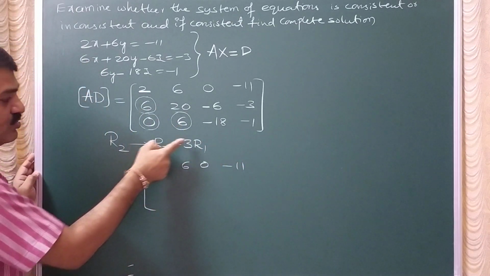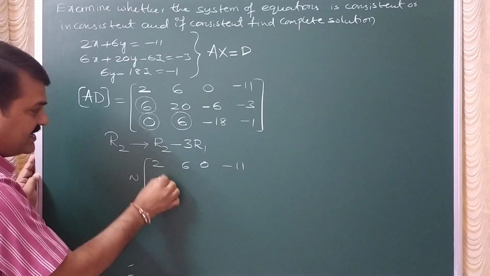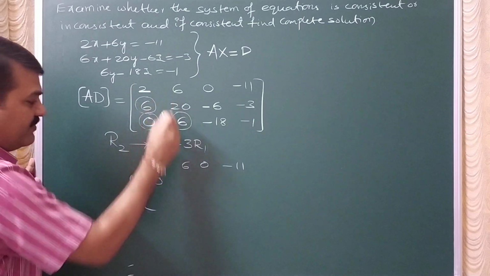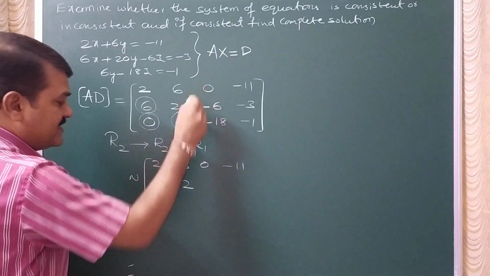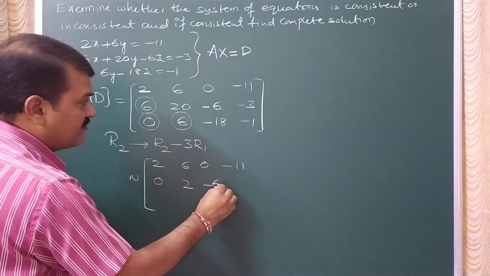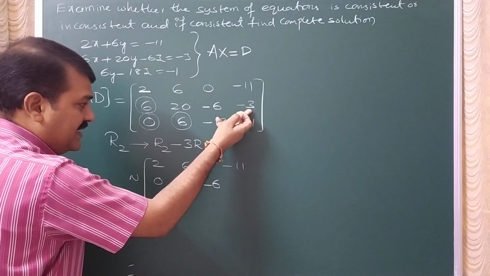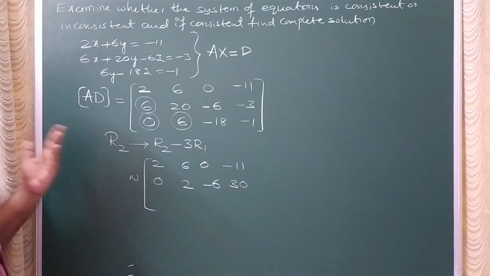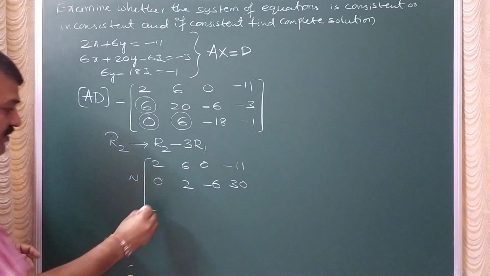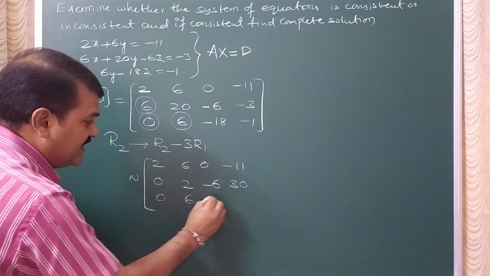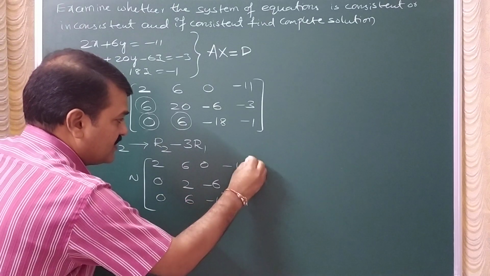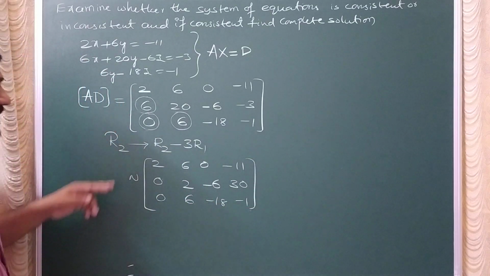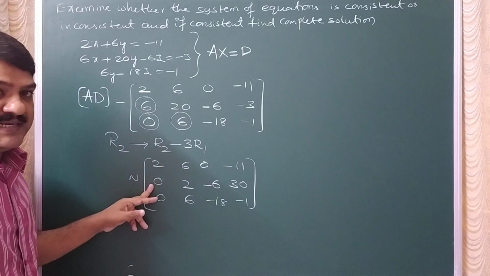Second row, R2 minus 3 R1, we will get 6 minus 6, 20 minus 18, minus 6 minus 0, and minus 3 plus 33. Third row we are going to write as it is. So my first task, getting 0 in this place, is completed.